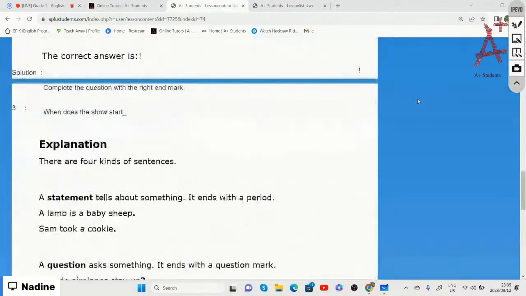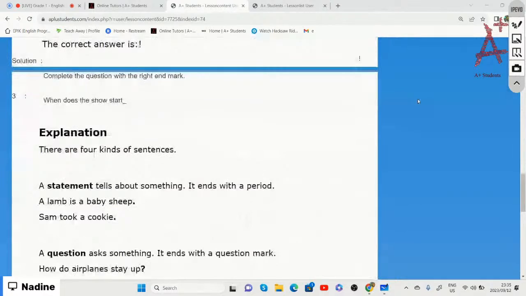All right, we need to complete the question with the right end mark. Remember, a question asks a question. And when it comes to a question, do we end a sentence with a period, an exclamation point, or a question mark?